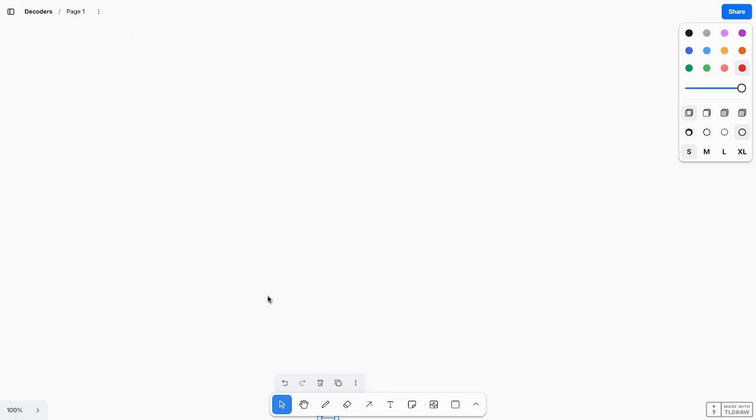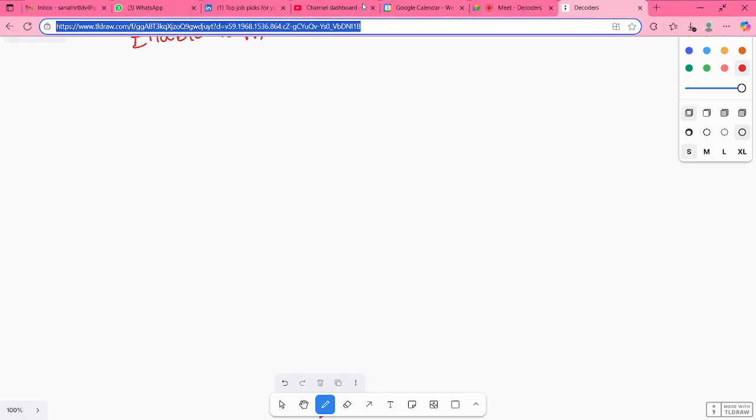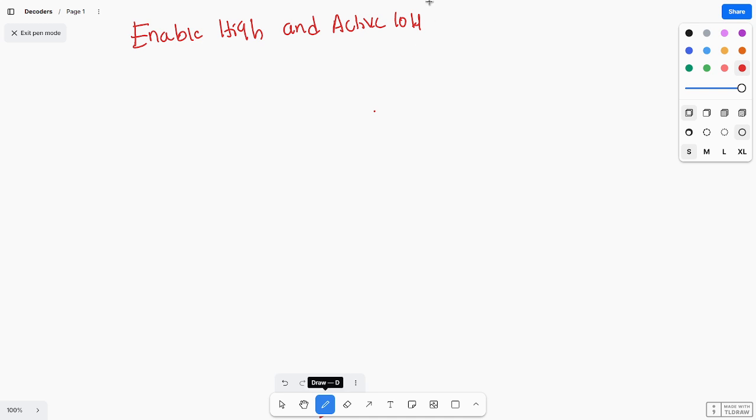Enable high, active low output decoder. So how to design? When enable equals 1, the decoder will be active.